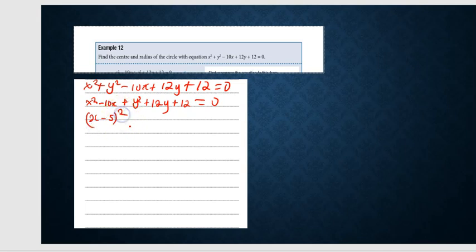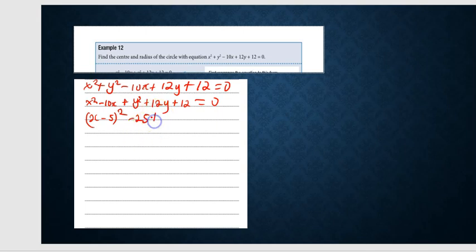This will give us x squared minus 10x, and then minus the square of 5, which is 25. So we have minus 25 as the part of x in terms of completing the square.